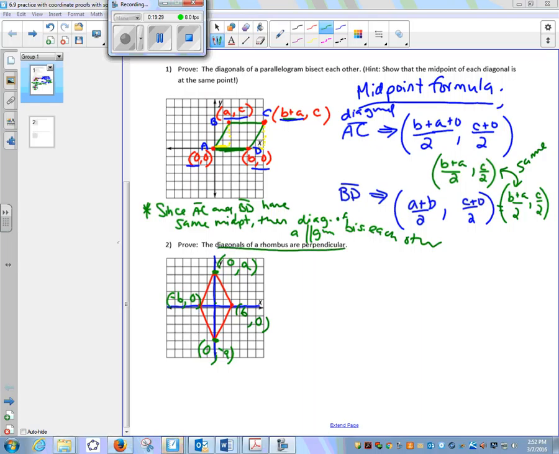Diagonals of a rhombus are perpendicular. What formula are we going to use? Slope formula. So we need the slope of the diagonals, the slope of BD and the slope of AC.